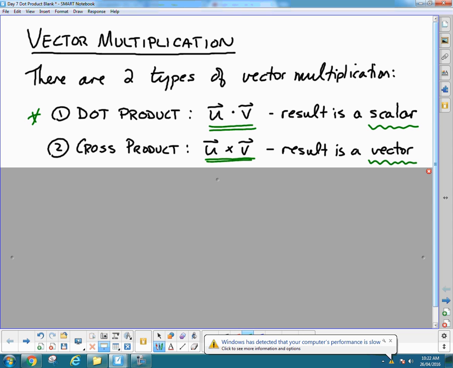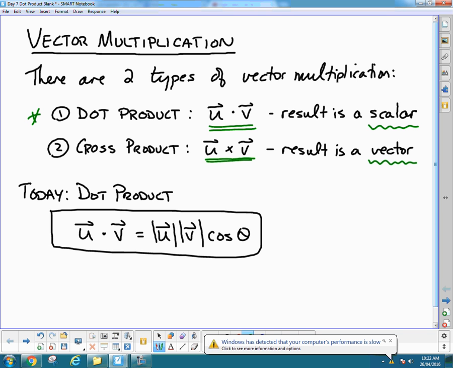Today I can tell you that the dot product is found by taking the magnitude of u, multiplying it by the magnitude of v, times the cosine of theta, where theta is the angle in between those two vectors. This will look very similar to projections, and that's not a coincidence.